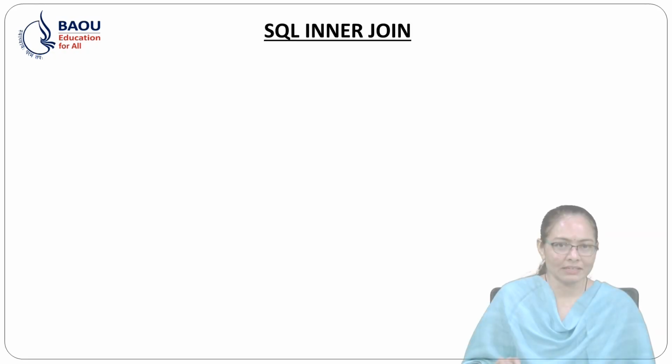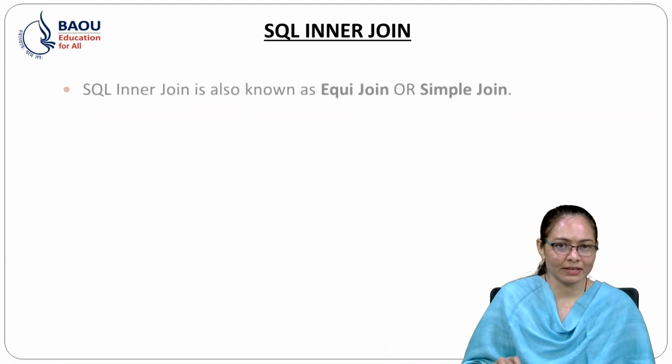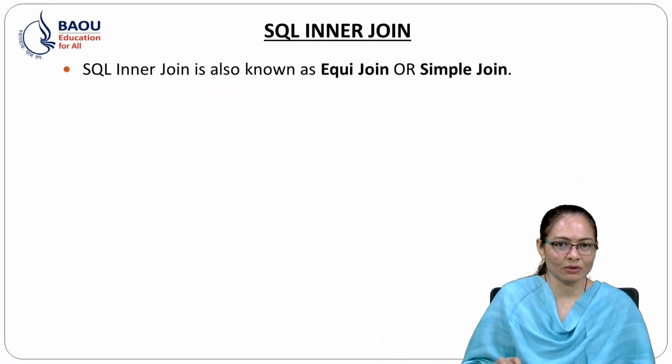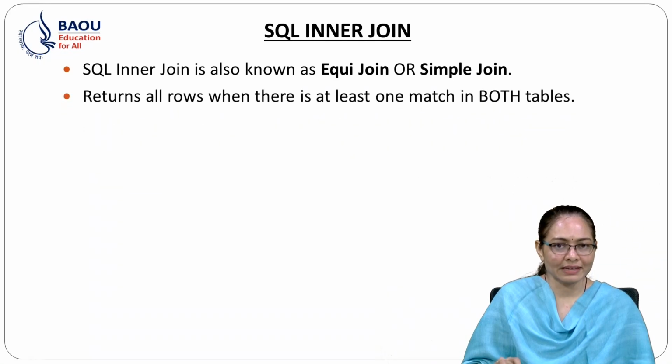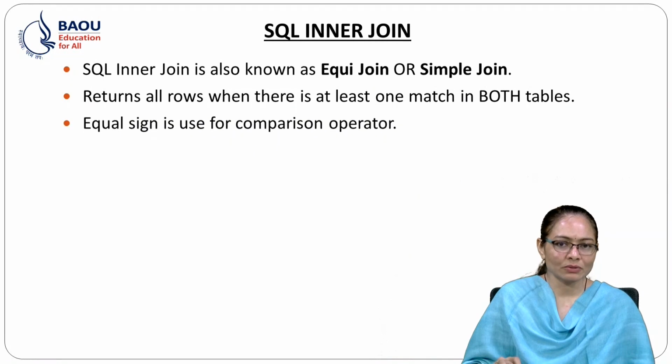Now, SQL inner join. The SQL inner join is also known as an equijoin or a simple join. It returns all the rows when there is at least one match in both tables. The equal to sign is used as the comparison operator.